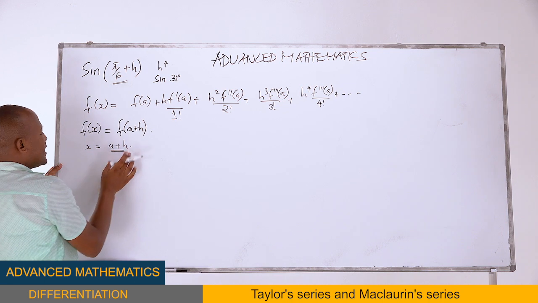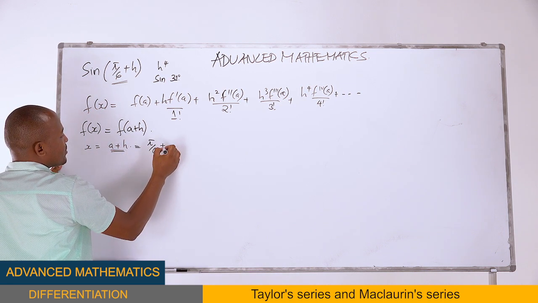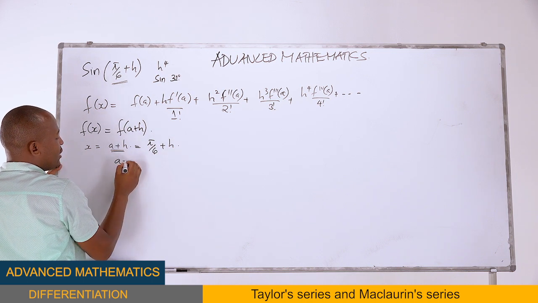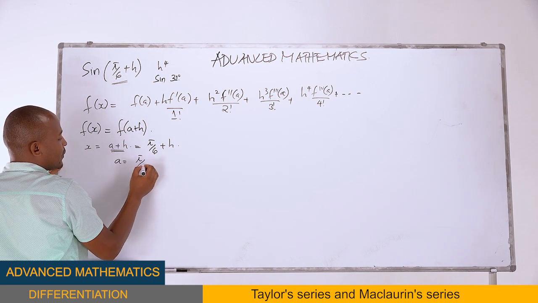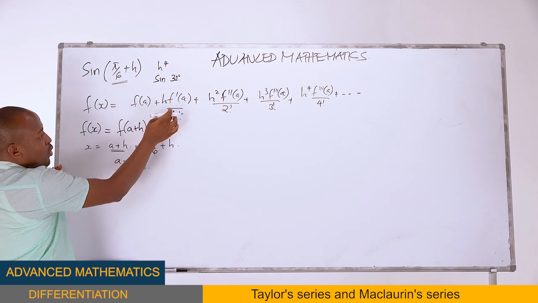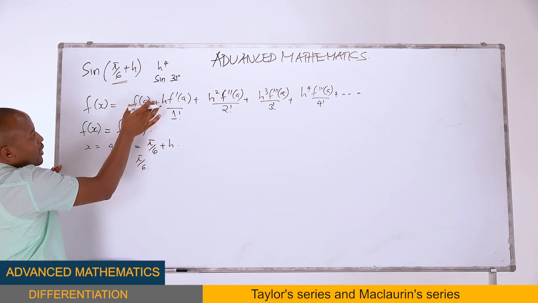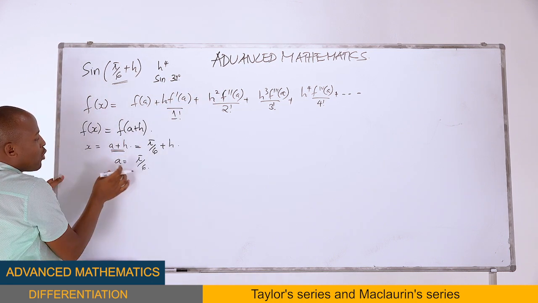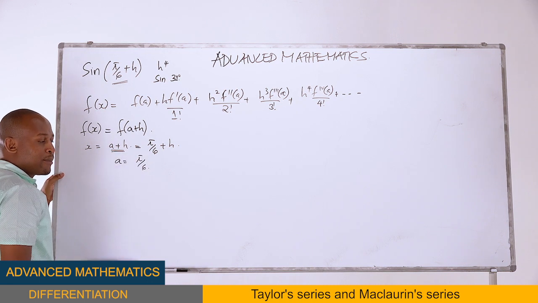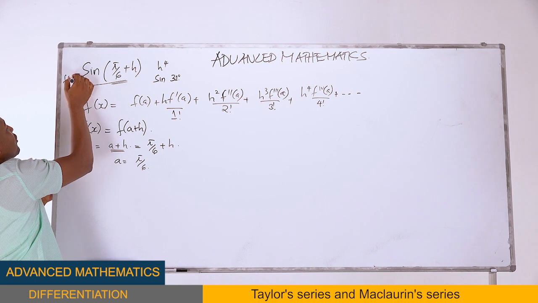If you observe that carefully, it's the thing that is in that place. So trying to equate this with pi over 6 plus h, our a will be equal to pi over 6. That means we are going to evaluate the value of that function when a is equal to pi over 6, and our function will be like that. So this is our f of x.